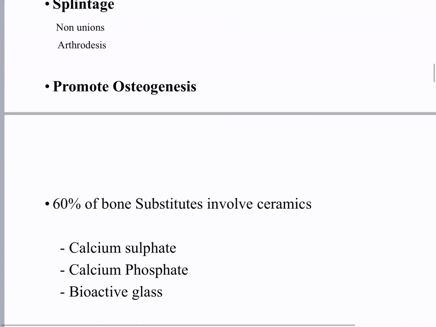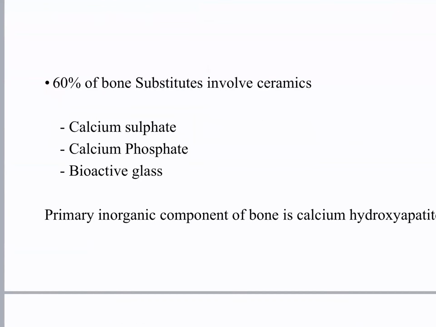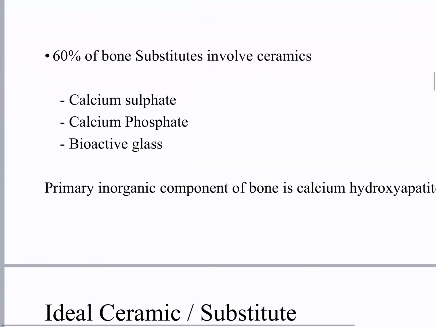osteogenesis. So 60% of bone substitutes involve ceramics, which are calcium sulfate, calcium phosphate, and bioactive glass, which is an interesting thing I came across while reading up about this. Just to keep in mind, the primary inorganic component of bone is calcium hydroxide.